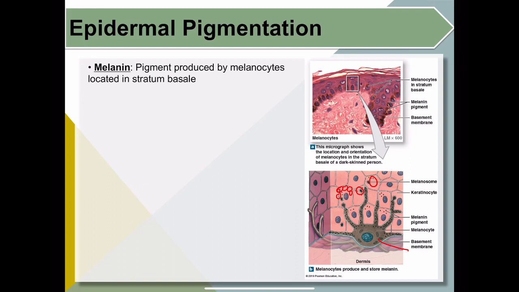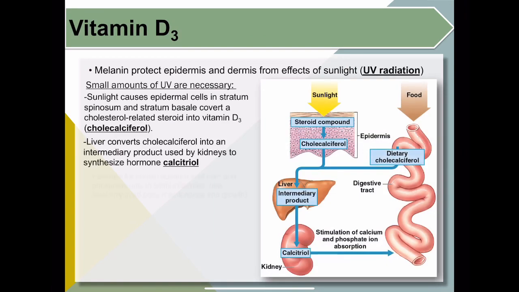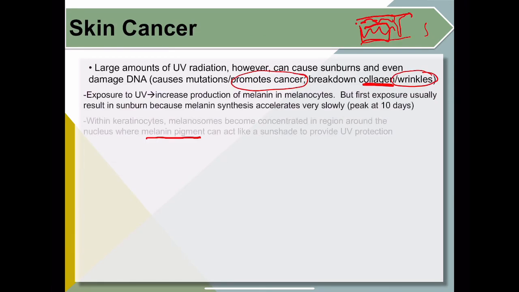And this is the nucleus of that keratinocyte. So here comes UV radiation trying to hit that particular nucleus, but now it actually hits the melanosome instead of the nucleus. So that's why I was talking about how it acts like a little umbrella that protects your nuclei from UV radiation damage. All right, so let me go back to this.